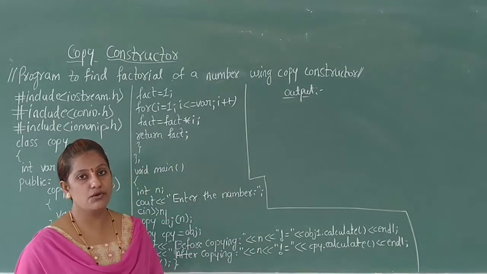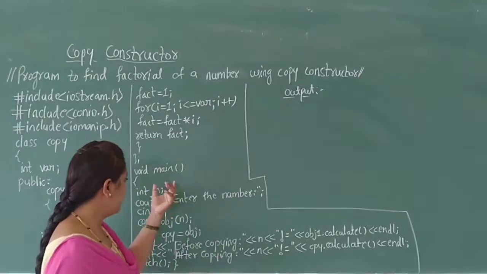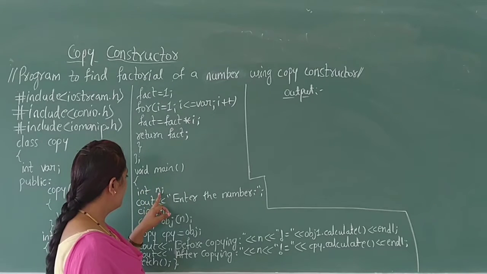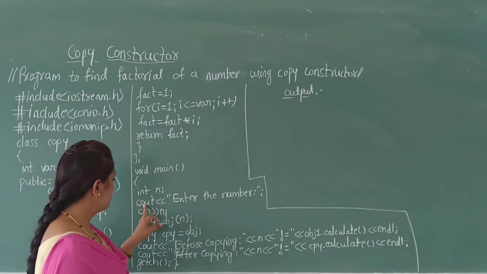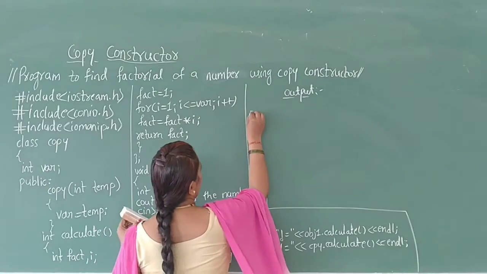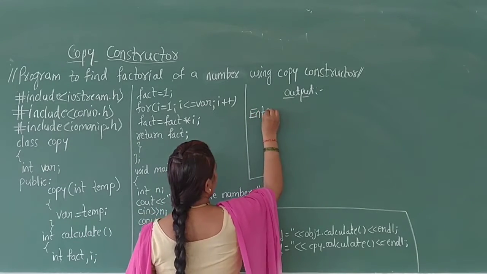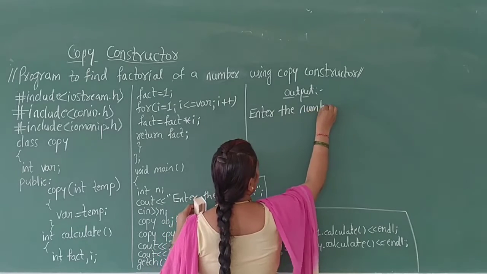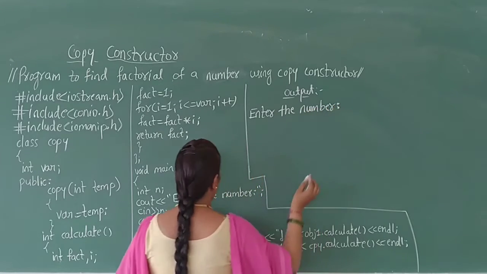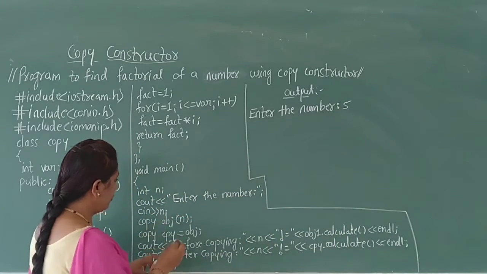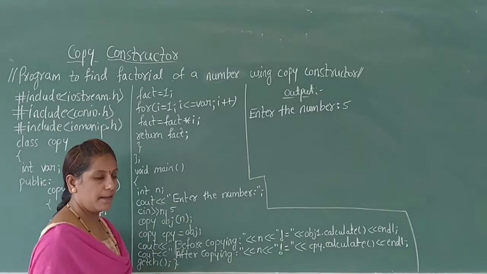The program execution always starts from the main function and it reads the n with the integer data type, then it executes the statement enter the number. Suppose the n value given is 5, then the n value is read as 5.